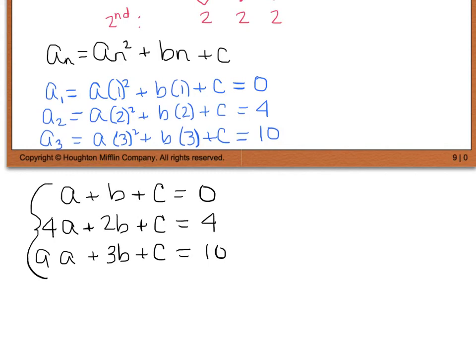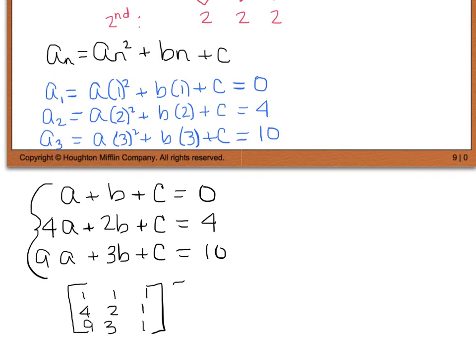So hopefully by now you recognize that you have three equations with three unknowns that can be solved either using methods that we learned to solve three equations with three unknowns, or you can use matrices. I'm going to assume that you're going to use matrices, and we'll set up our coefficient matrix of 1, 1, 1, 4, 2, 1, and 9, 3, 1.